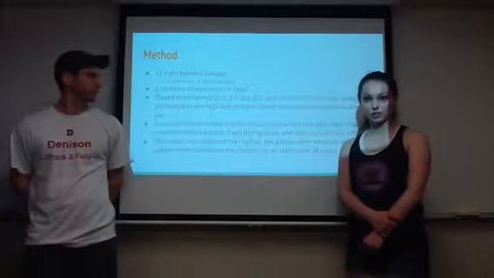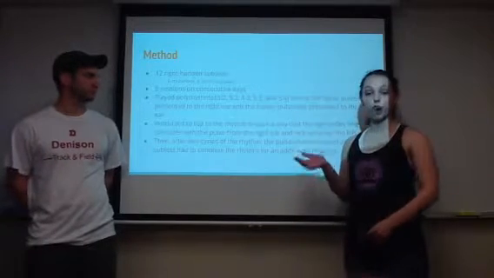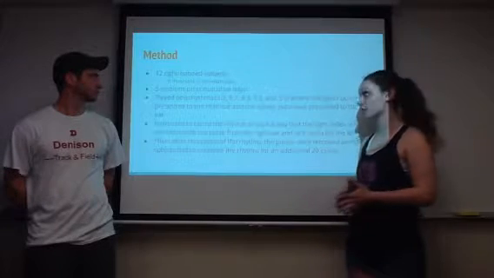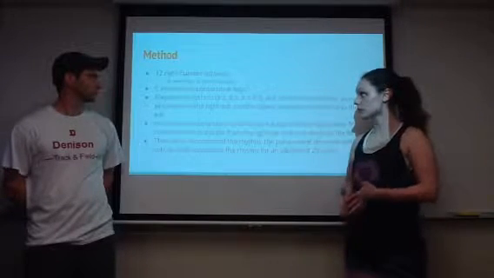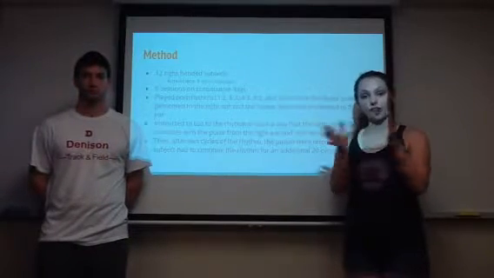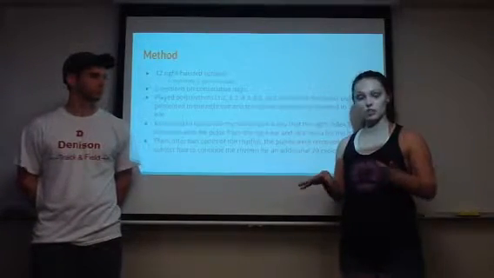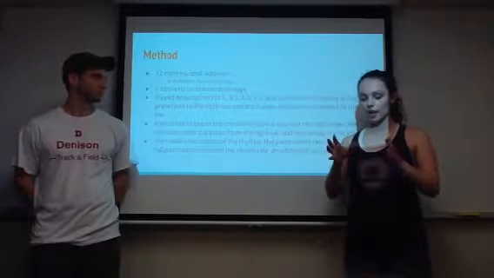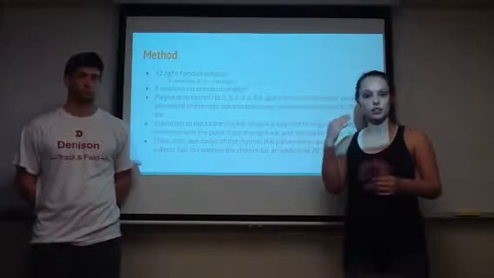So the method for this experiment, they had 12 right-handed subjects, and the right-handedness will come into play later in our discussion. They had 6 musicians and 6 non-musicians, and they did the experiment over 5 sessions on consecutive days. Each day they brought in each participant, and they had the participants listen to the polyrhythm.